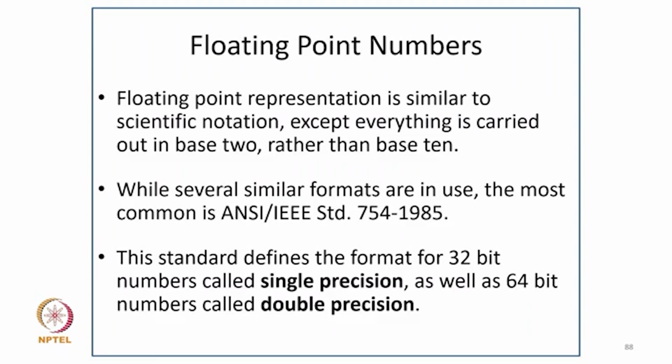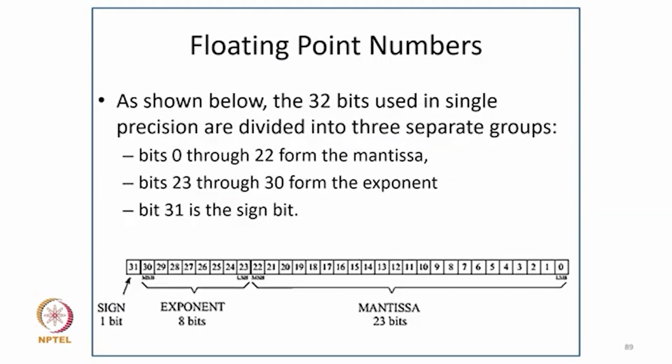This standard defines the format for 32-bit numbers called single precision, as well as 64-bit numbers called double precision. As shown below, the 32 bits used in single precision are divided into 3 separate groups. Bits 0 through 22 form the mantissa, bits 23 through 30 form the exponent, and bit 31 is the sign bit.